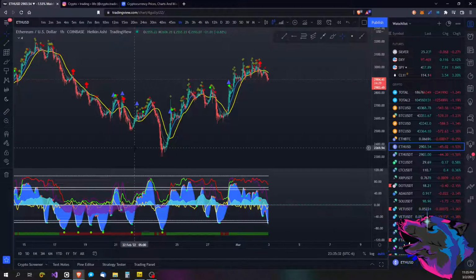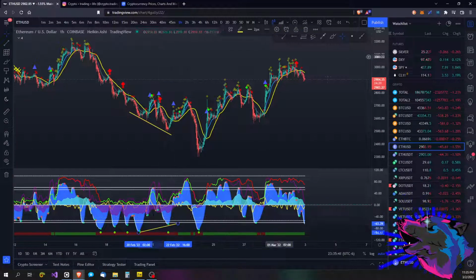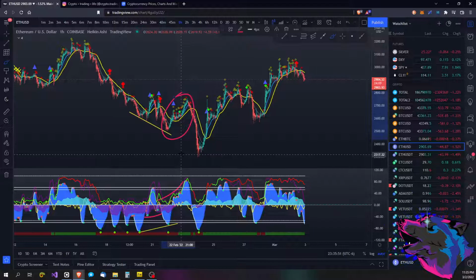Again, here is a good example of divergence. Seeing bullish divergence, money flow increasing, RSIs going up, saw a nice move to the upside there.